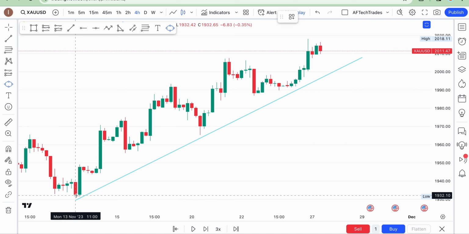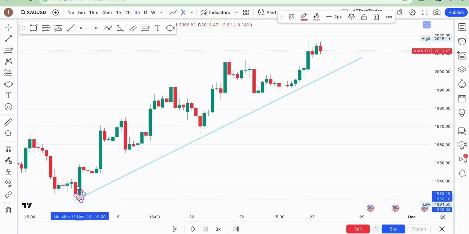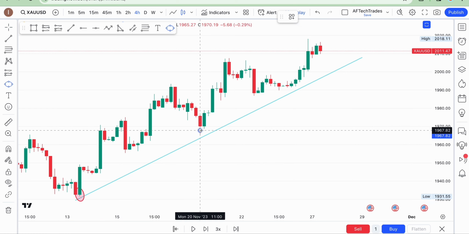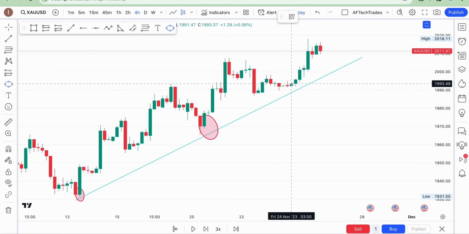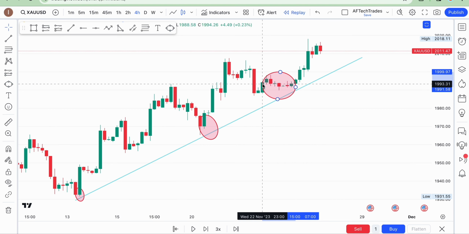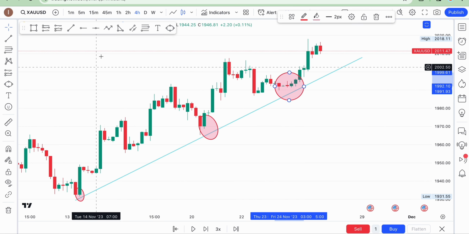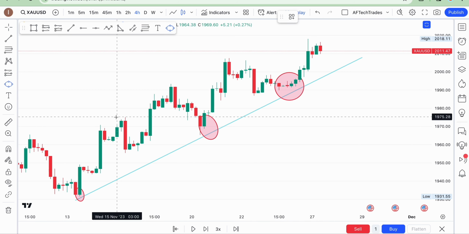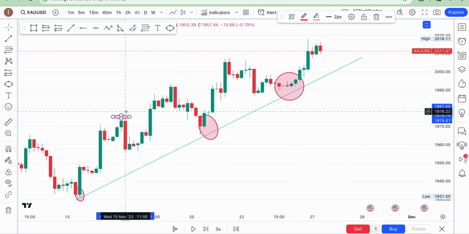Okay, here the market forms a higher low. These are all our higher lows, right? The market was forming higher lows and higher highs all around like this, right?